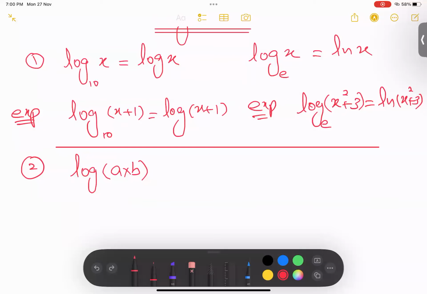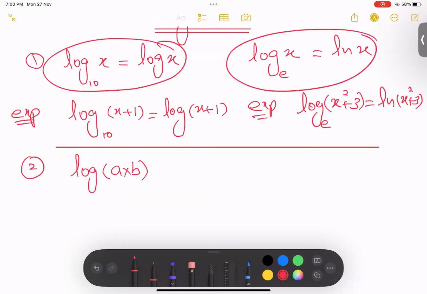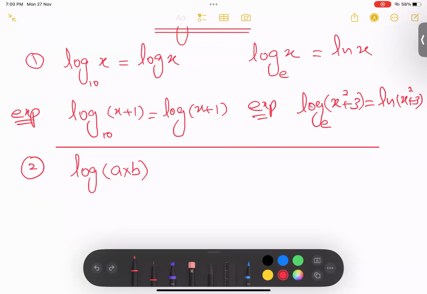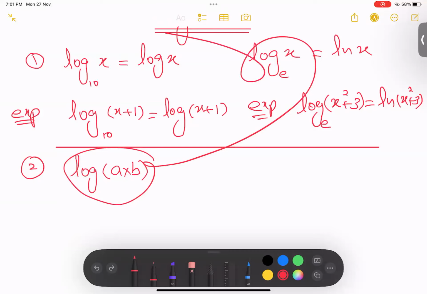This is called common log, and this is called natural log, but I'm not going to confuse you. Just understand log base 10 and log base e. Onward, I'm not writing 10 or e, but it is understood that this property is applicable for both kinds of logarithm.